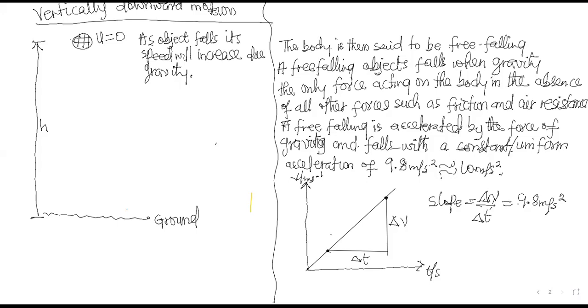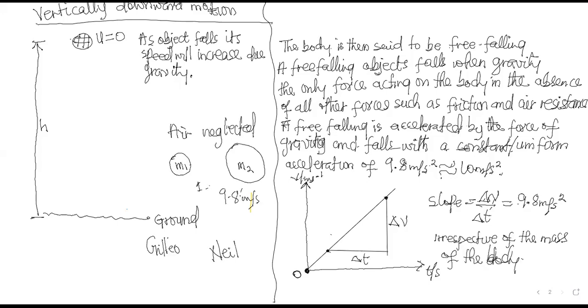Then Neil Armstrong also conducted the same experiment on the moon using, I think, a hammer and a coin. And even on the moon, where air resistance was seen to be negligible, the coin and the hammer landed on the ground at the same time.